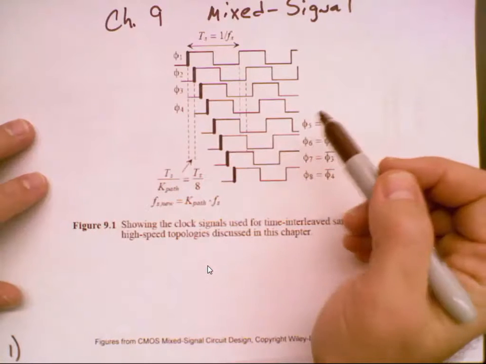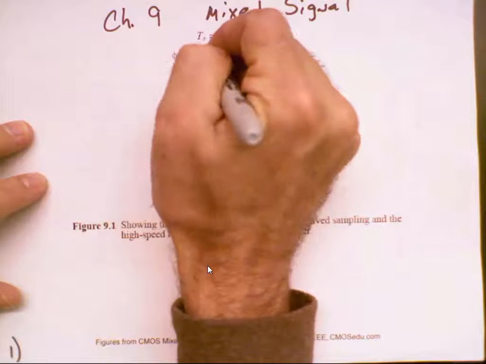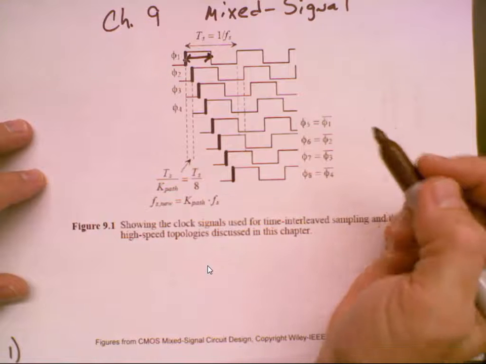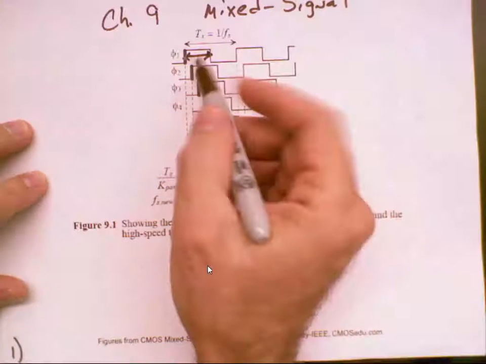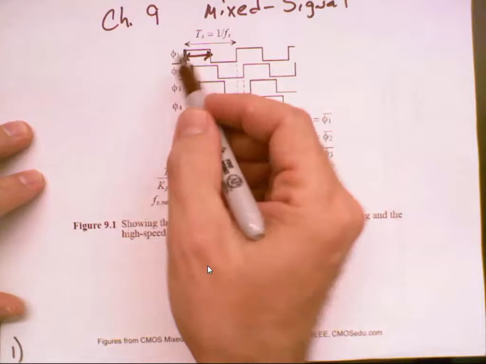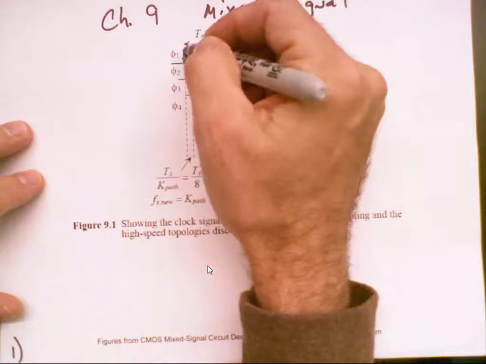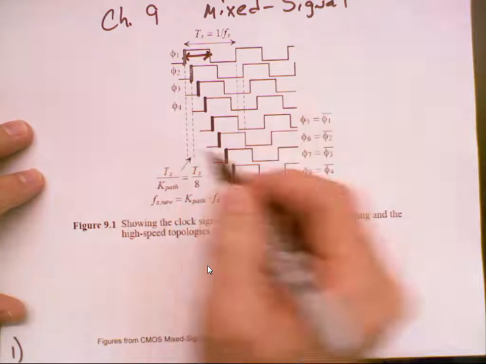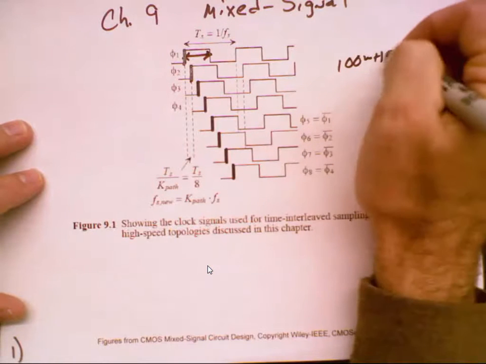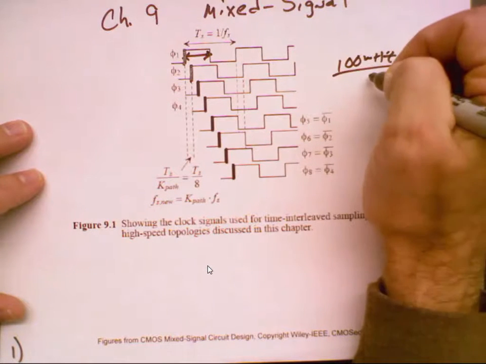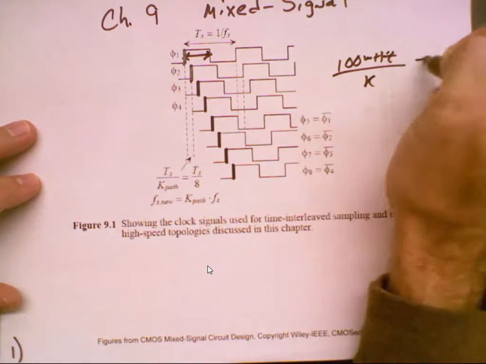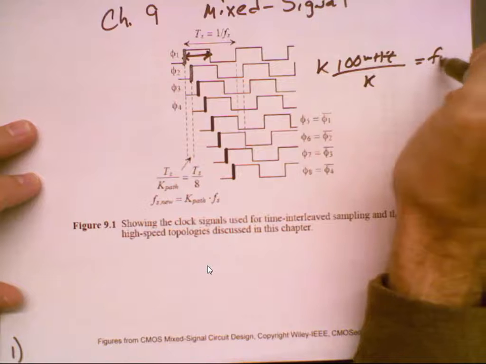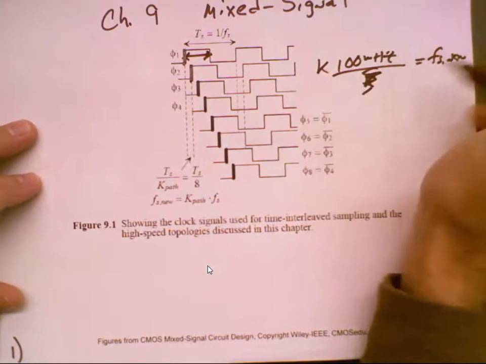What we see here is a pulse width, not shown as 50%. What we care about for this timing is the difference between the edges. If you have a frequency of 100 megahertz and k paths, where k is 8, this ends up giving us a new frequency of f_s new.